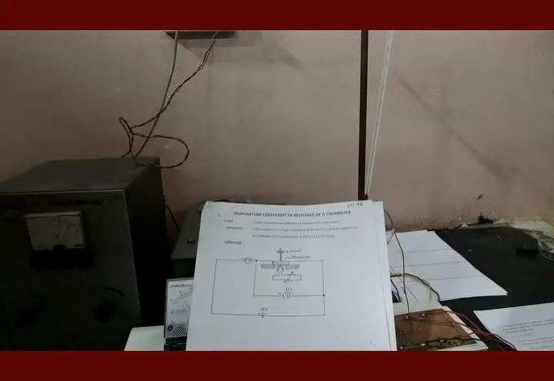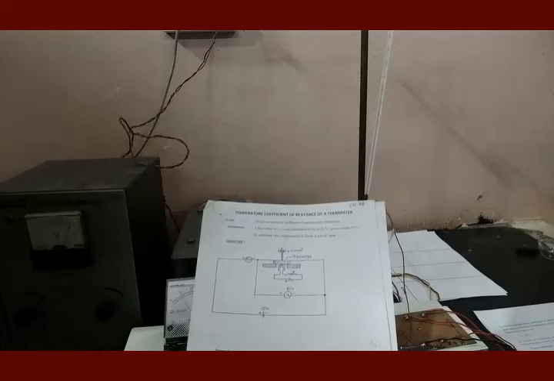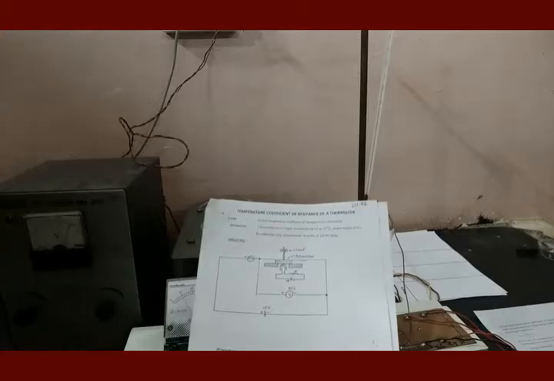This is in general about the thermistor and temperature coefficient of resistance. So BSc third year students will find the resistance of a thermistor, and BSc second year students will evaluate the temperature coefficient of resistance of a thermistor.